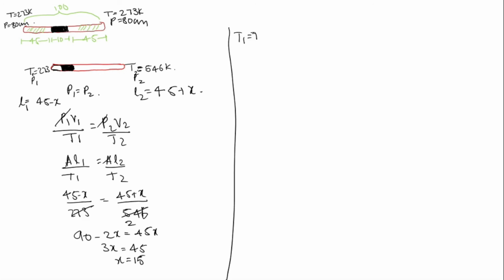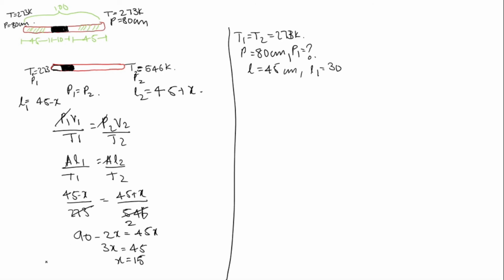T is equal to T1 is equal to 273 Kelvin. P is equal to 80 centimeters. P1 we need to find. L is 45 centimeters. And L1 will be 45 minus x, which is 15. 45 minus 15 is 30. So L1 is equal to 30.